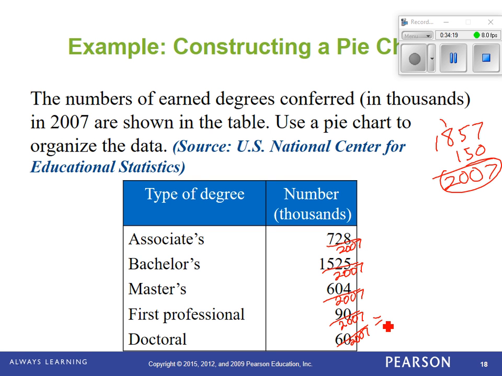And if you wanted to be a little more precise, once you get a percent, you could take that percent times 360 and figure out how many degrees it is, and then use that to put in your circle. That'd make it a little more precise.